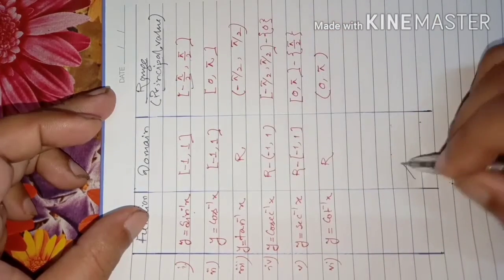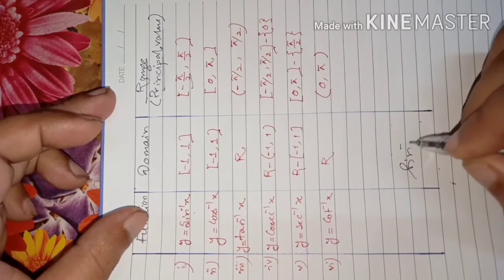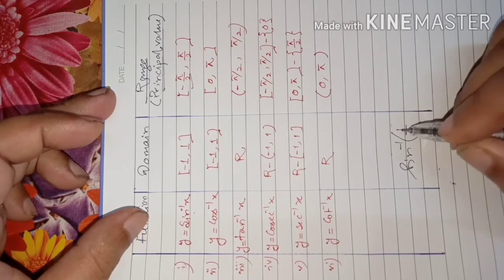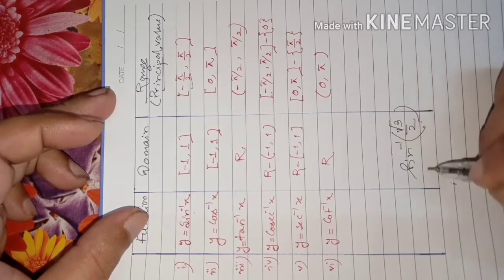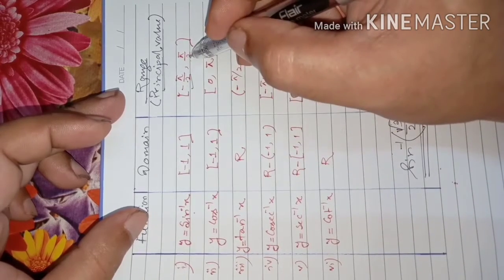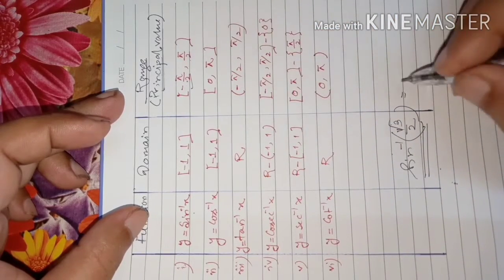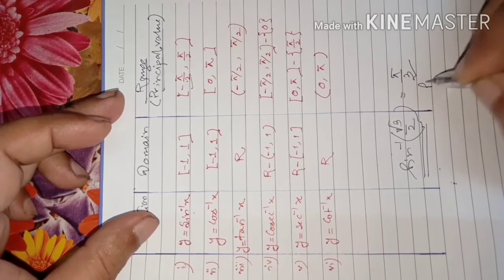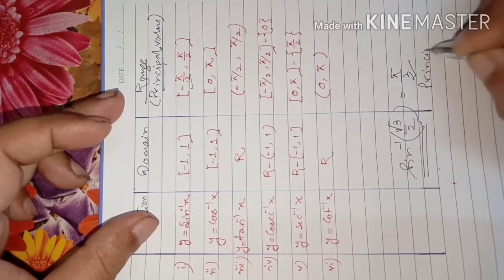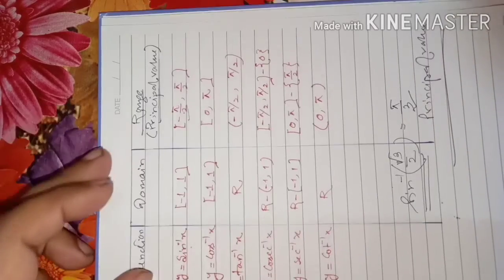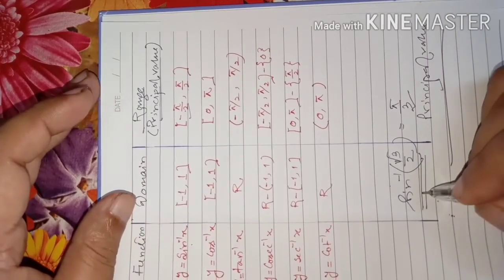Suppose I want sine inverse of √3/2, that will lie between -π/2 and π/2. So that is π/3. This is called the principal value.